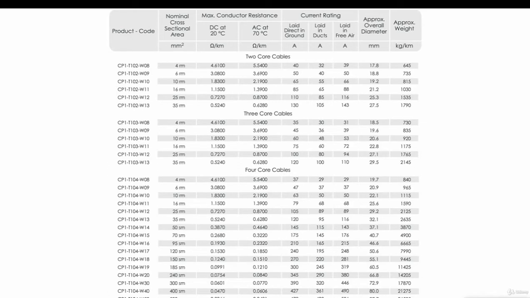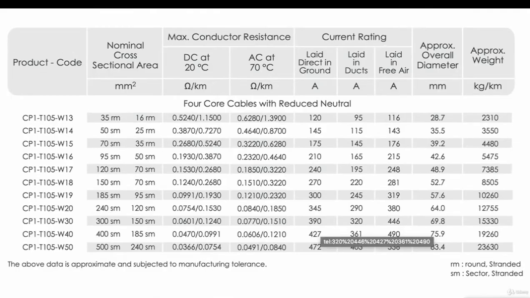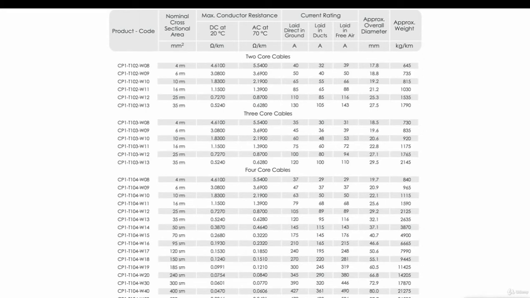Here is a local manufacturer, and these tables are from this local catalog, and we will take a look in detail at this catalog.